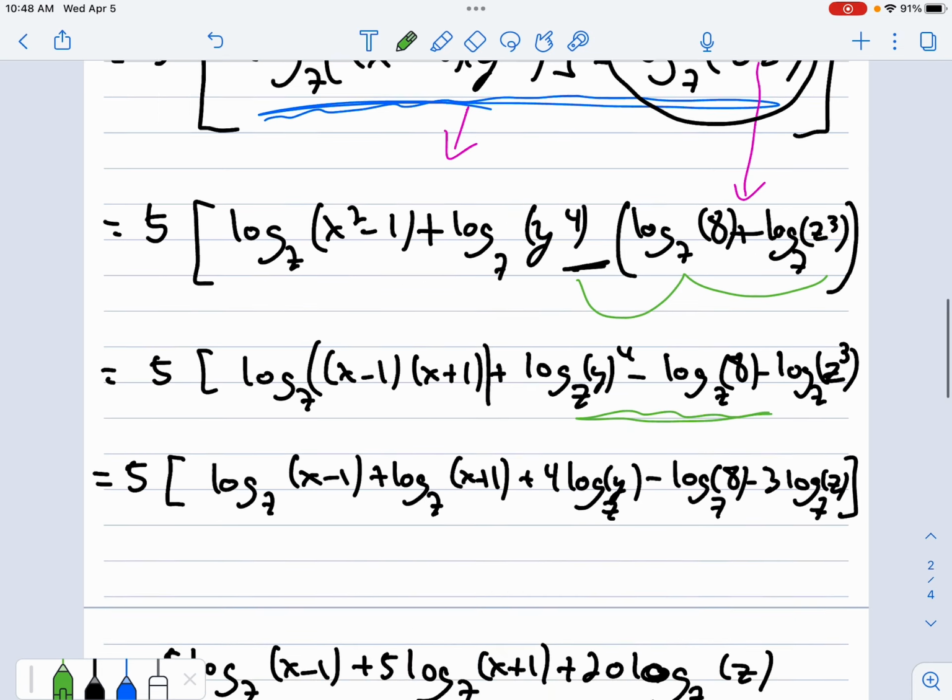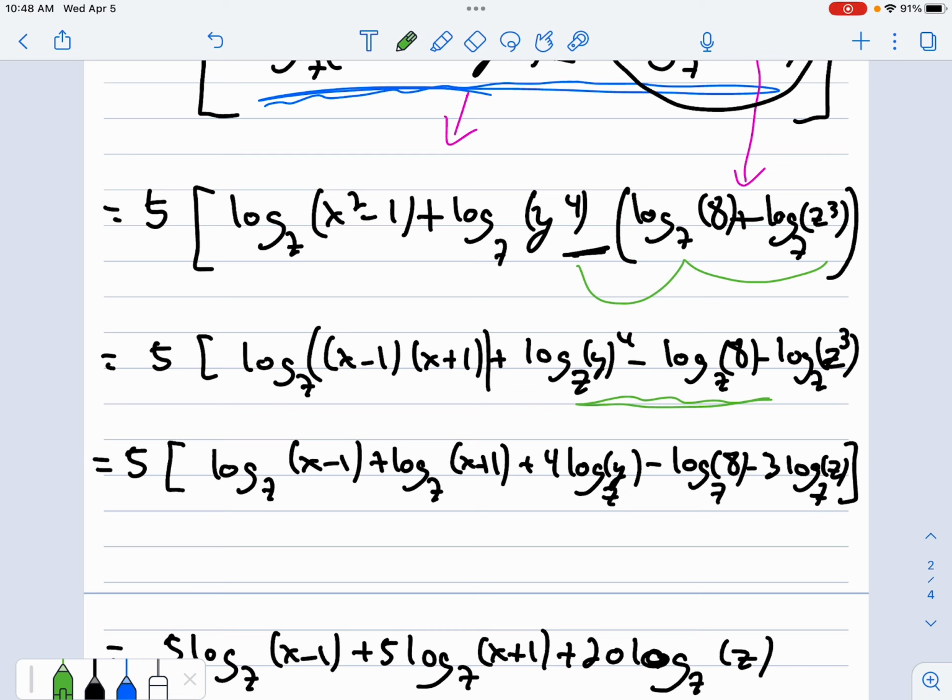And what can I do next? There are a few things you could do. With the x squared minus 1, that can factor as x minus 1 times x plus 1. But there is a product there between the x minus 1 and the x plus 1, so we can use the product rule again and rewrite that as log base 7 of x minus 1 plus log base 7 of x plus 1.